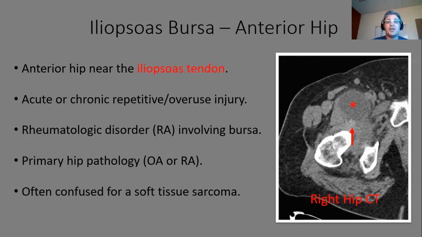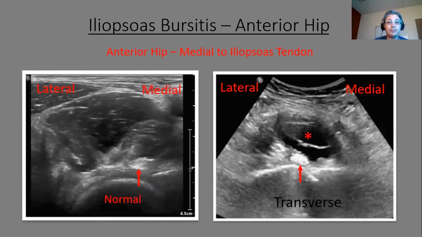So osteoarthritis, inflammatory arthritis of the hip joint can result in distension of the iliopsoas bursa. And again, really important to know the anatomic location of these named bursae, because if you don't, you can easily misinterpret them for something scarier, like the iliopsoas bursa is often misinterpreted as.